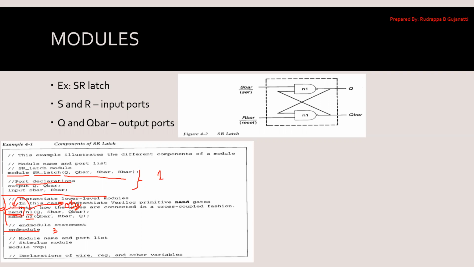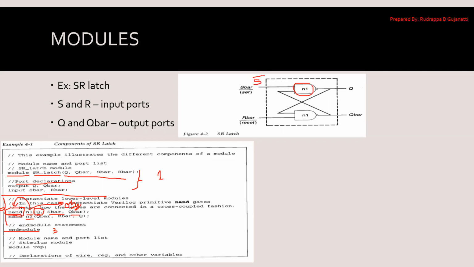For this one, we are providing this port list, where S bar and Q bar are the inputs and Q is the output. So if you just see what is N1 here, N1 is the NAND gate. What is the input to this?